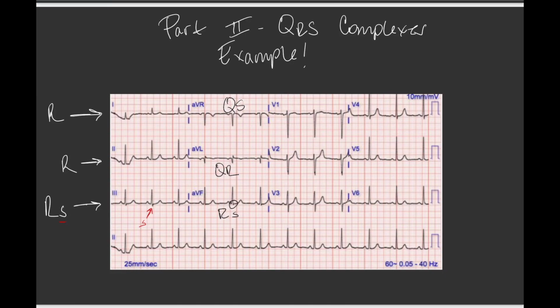How about V1? V1 looks like an RS complex. Again, with that lowercase r, capital S. V2 looks the same, so RS. Now V3, they look about equal size, so this would become an RS complex. V4, the R wave is much larger than the S wave now, so we have an Rs.